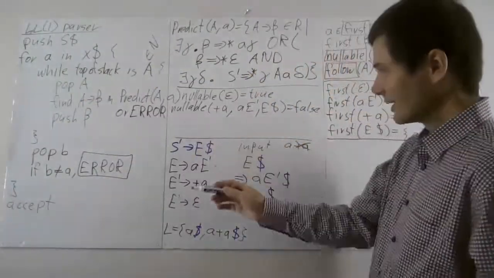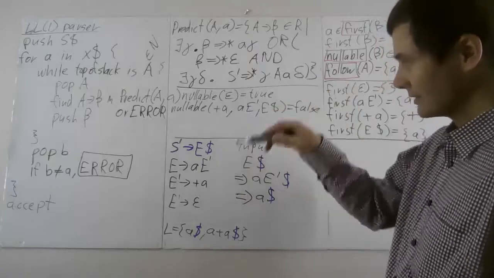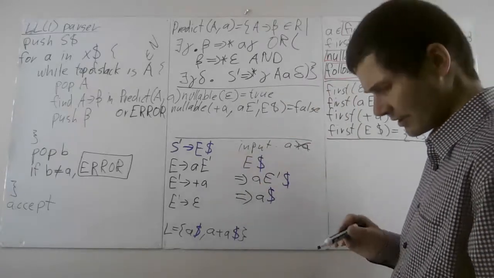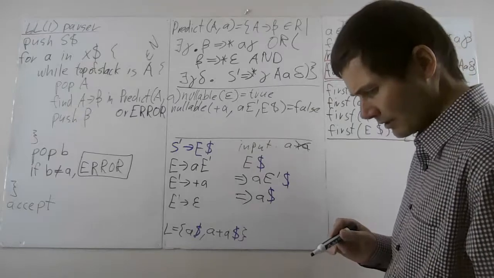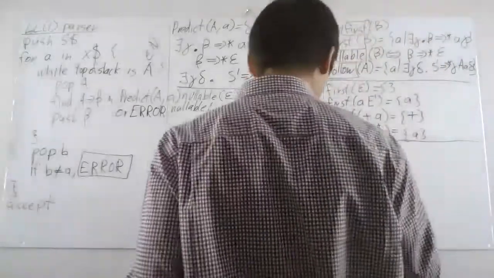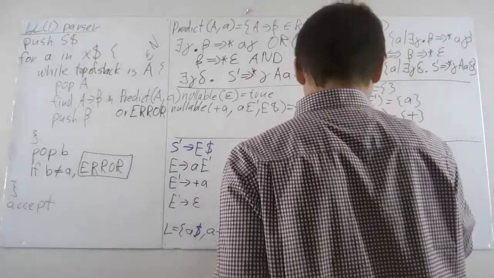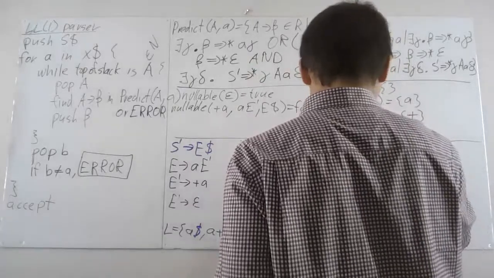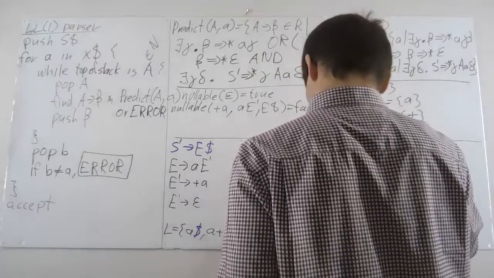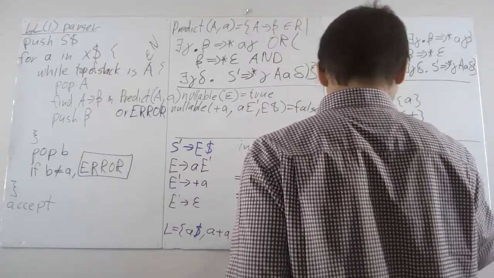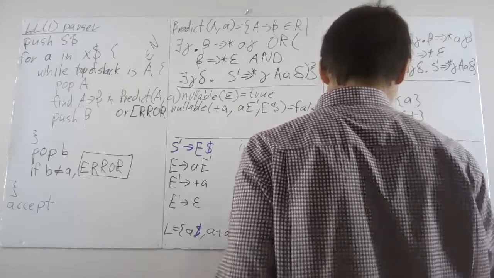And how could I ever get big A, little a, one after the other in a sentential form? Well, I'm going to say if I have a production rule B goes to alpha A gamma.